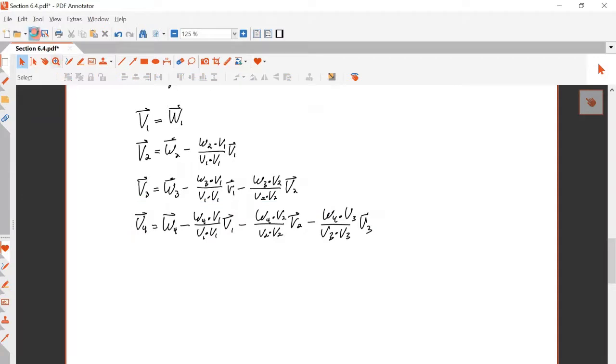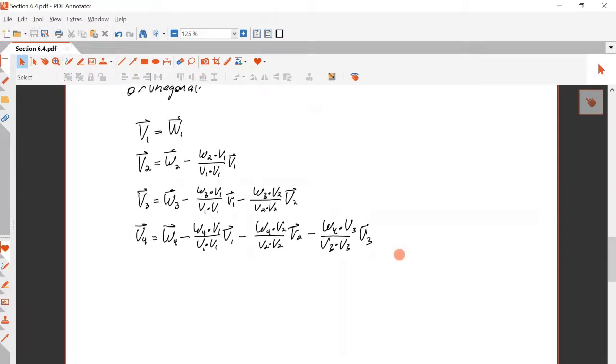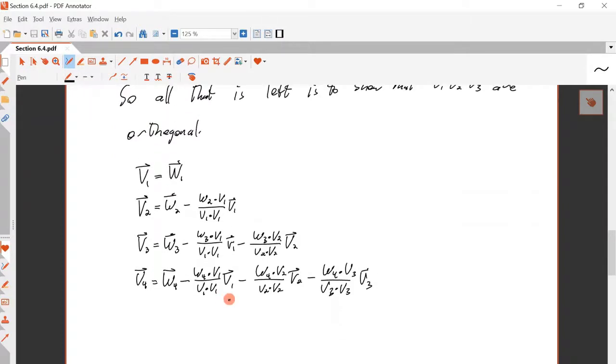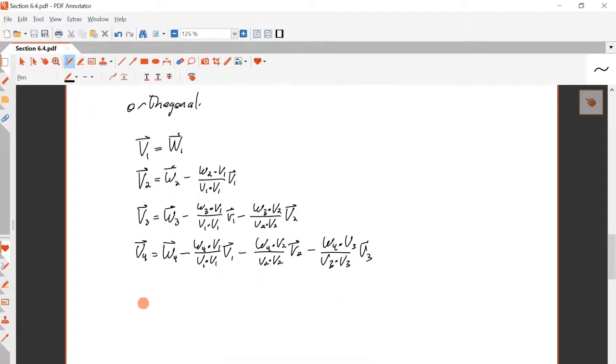Okay, so let's check that out. Just checking that they're orthogonal. V1 dot V2 is equal to what? Well, it's V1 dot W2 minus this constant times V1 dot V1.